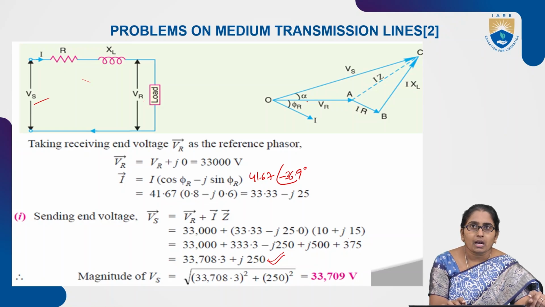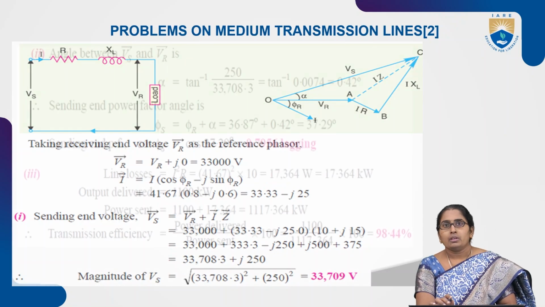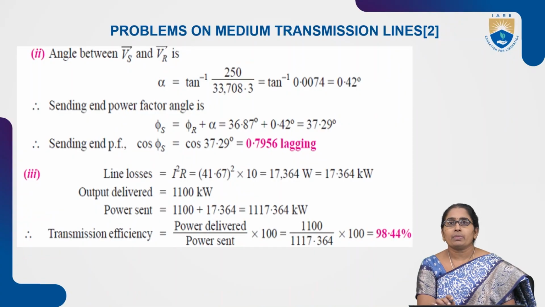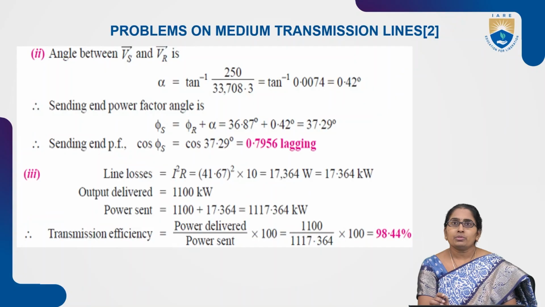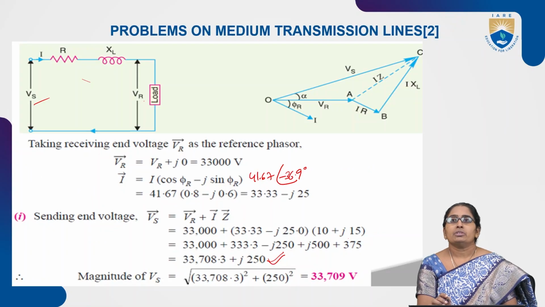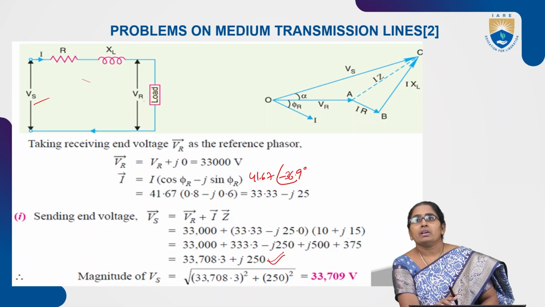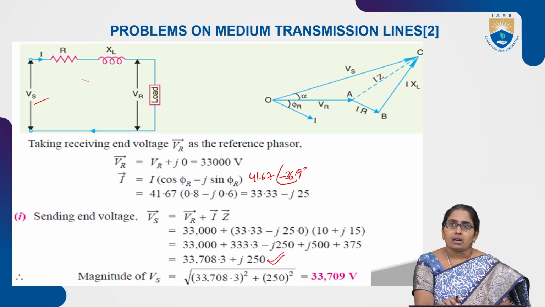Now calculating alpha. From that vector diagram, alpha is given by tan inverse of 250 by 33,000.